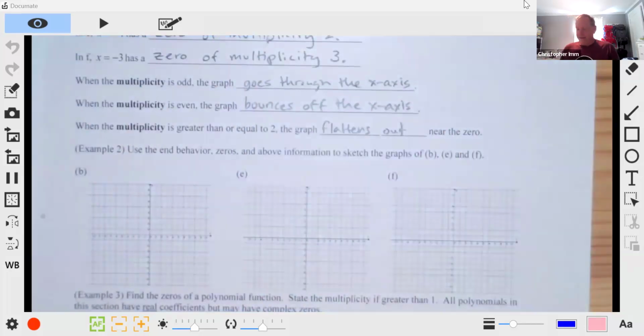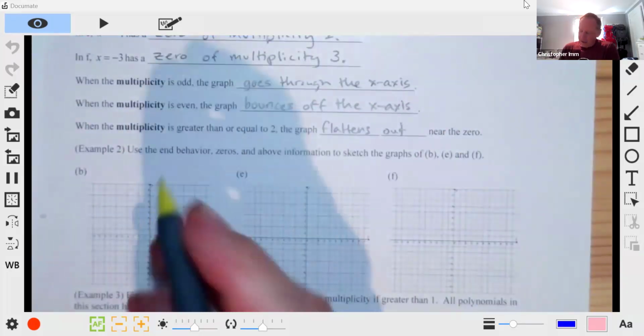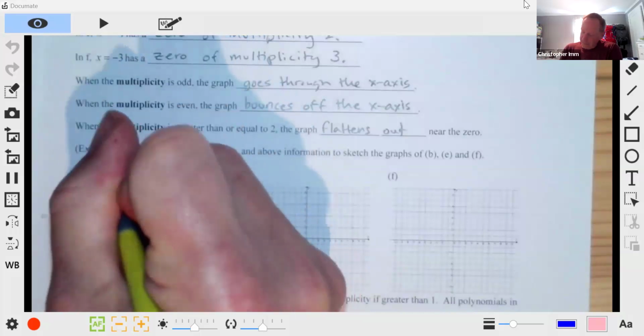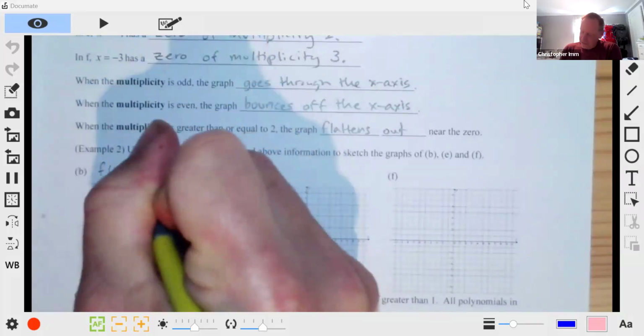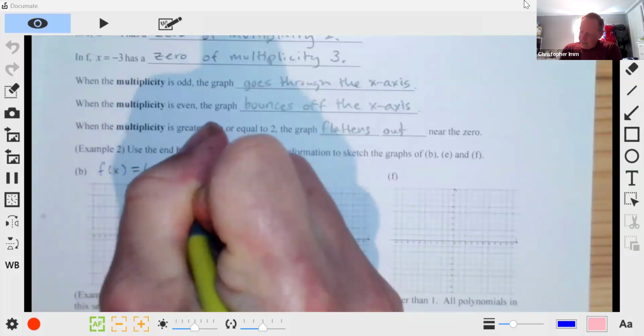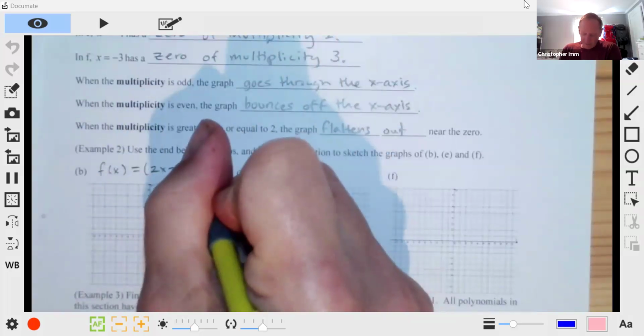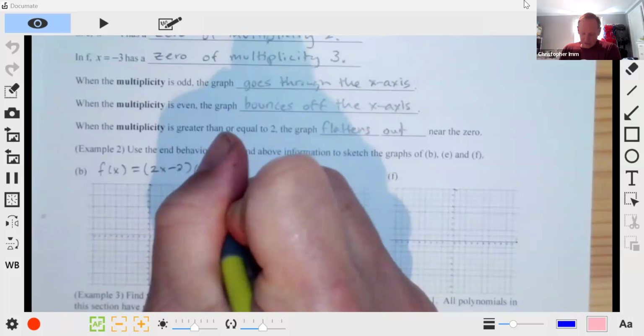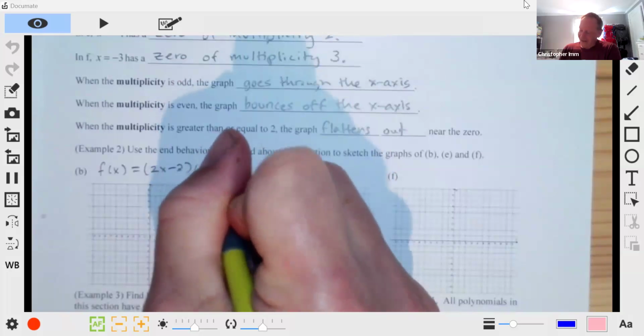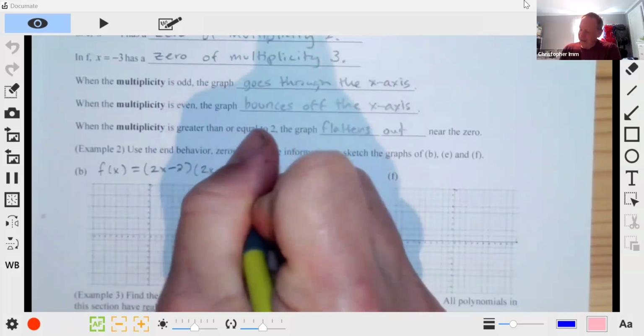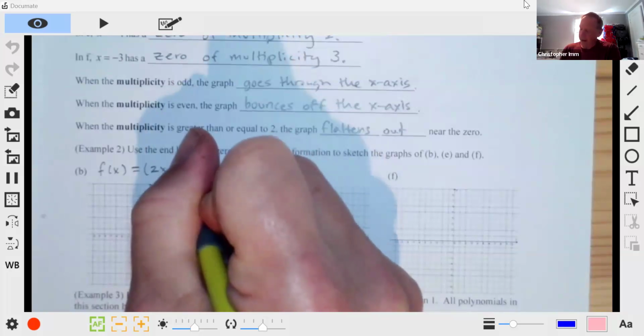The factored function for B is going to be f of x is equal to 2x minus 3 times 2x minus 3. So that's going to actually be 2x minus 3 squared.